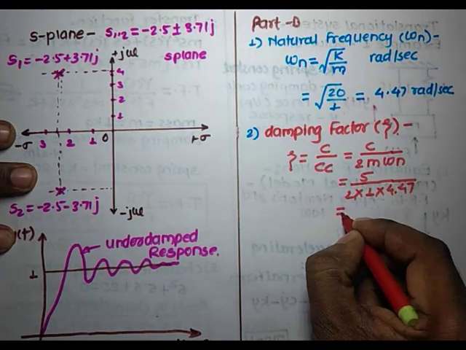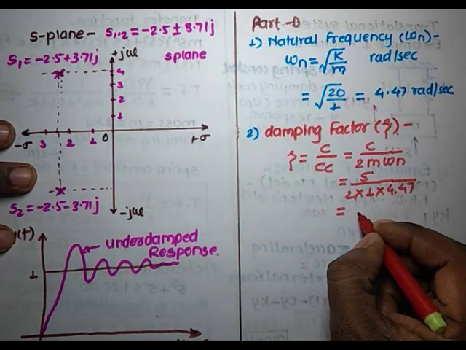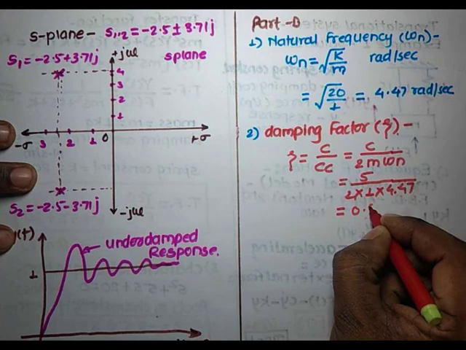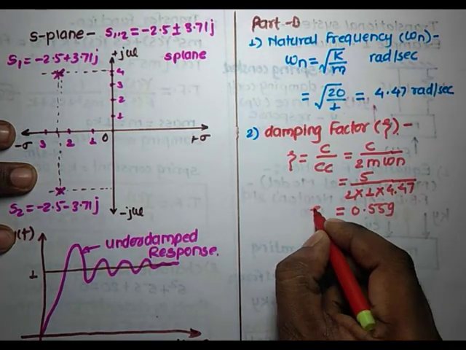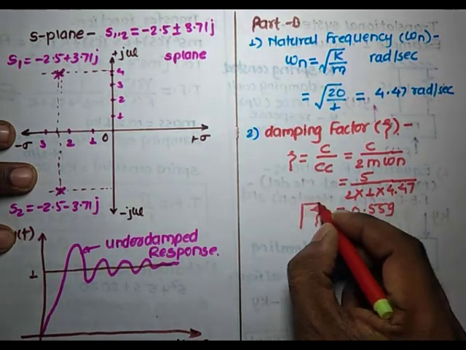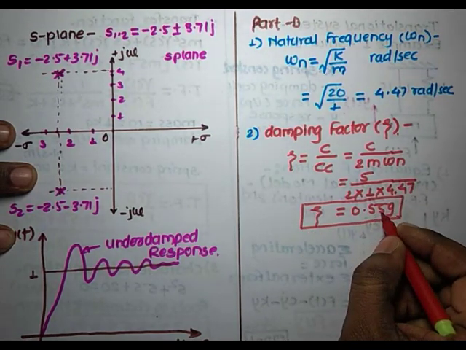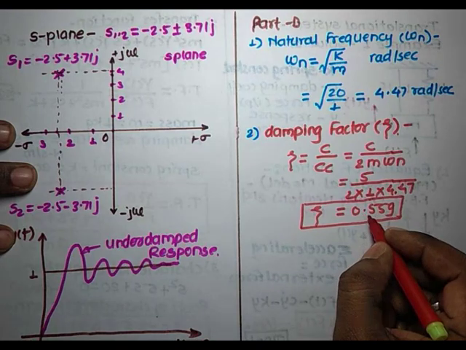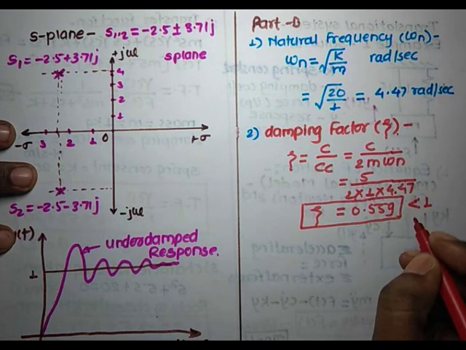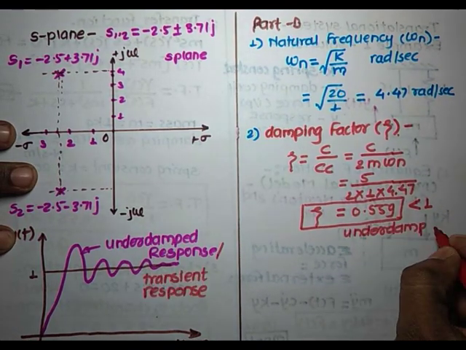If you calculate this, you will get the damping factor equal to 0.559. This is the zeta value. Since it is a unitless quantity, zeta is equal to 0.559. Since it is less than 1, the system response is underdamped.